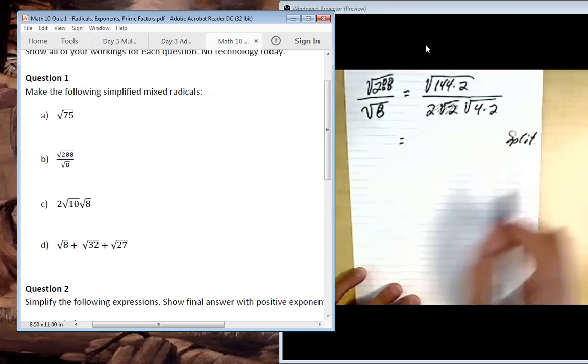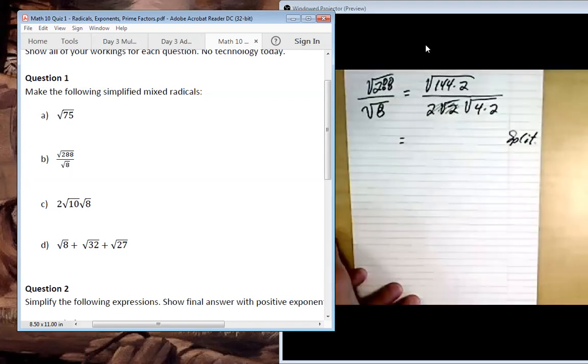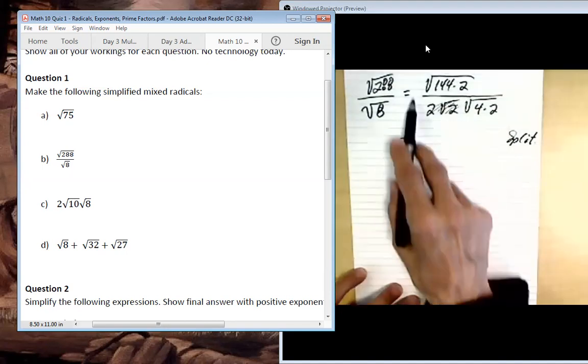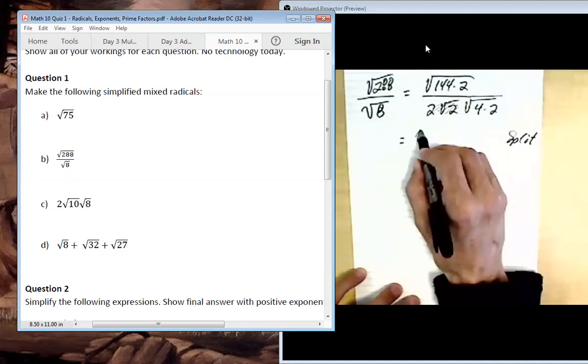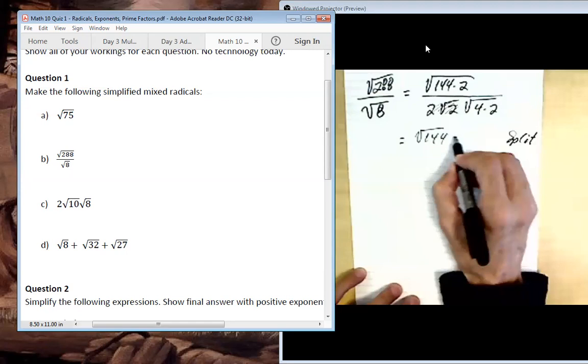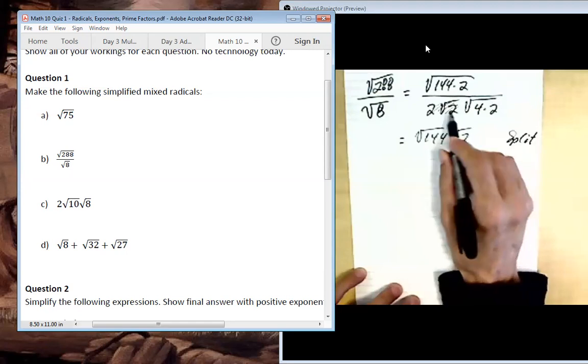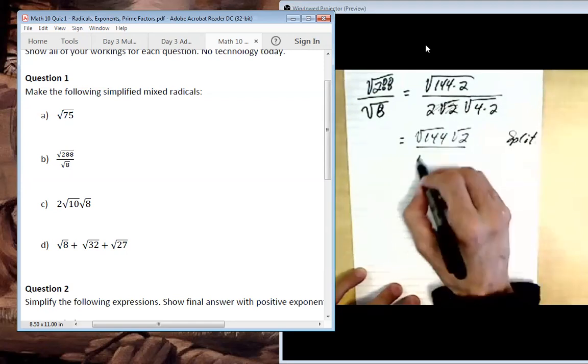We said we can, in this case, because I'm answering it differently, instead of making a big, tall square root like in the other question, I'm going to split instead. So you split the square numbers away from the other ones.